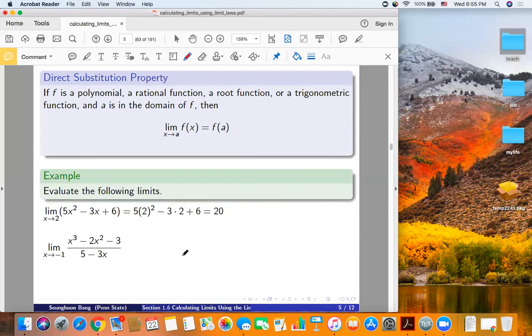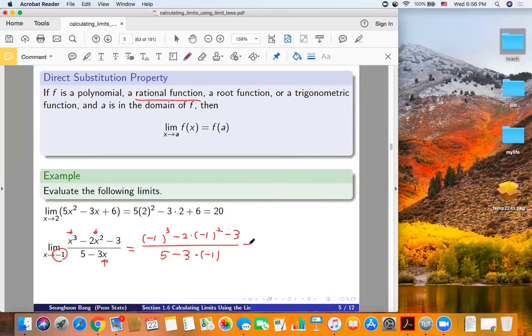Here, x cubed minus 2x squared minus 3 over 5 minus 3x is a rational function, a polynomial over a polynomial. How can you solve? Only plug minus 1 into x. So we have minus 1 cubed minus 2 times minus 1 squared minus 3, over 5 minus 3 times minus 1.